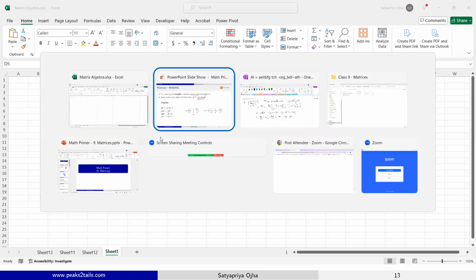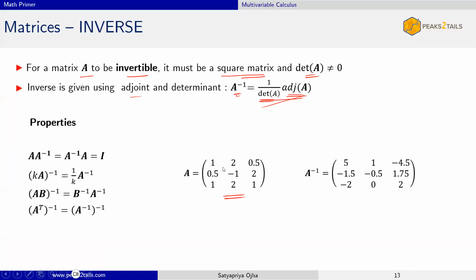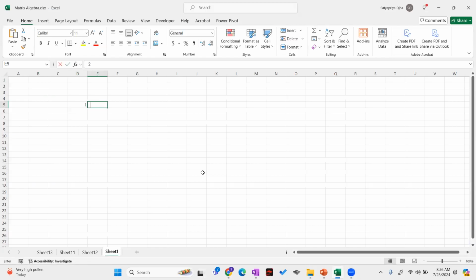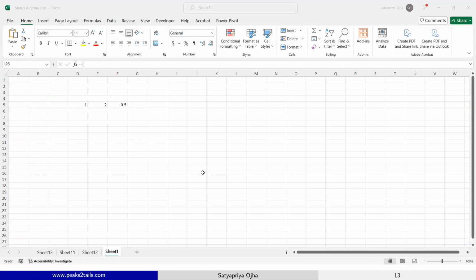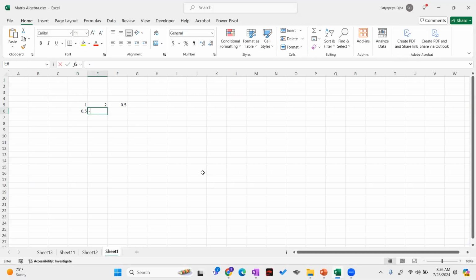So our matrix is 1, 2.5, 0.5, minus 1, 2, 1, 2, 1. The neat way of doing this, I don't know how much you do this, but in Excel, I realized it late.